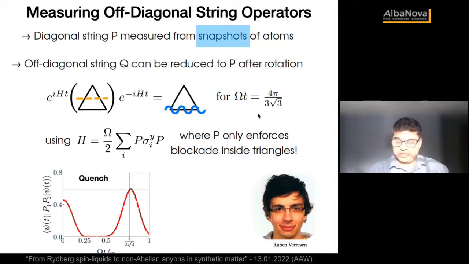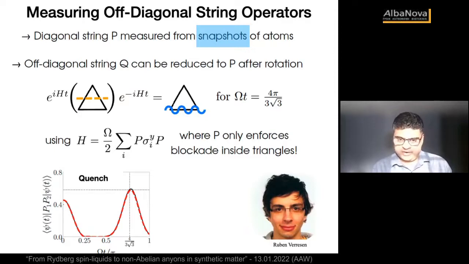And then you simply measure in the diagonal basis. And when you do that, it turns out you pick it out at this exact time. You find that measuring the loop operators in the diagonal basis after this process is the same as doing it in the off-diagonal basis at the initial time. Okay, so this gives you a dynamical protocol to go and measure both kinds of loops.